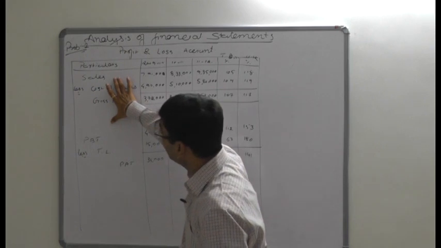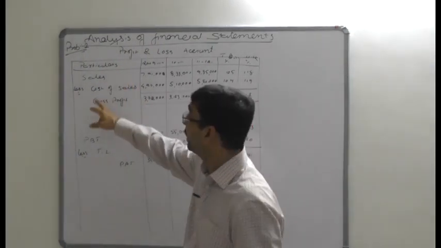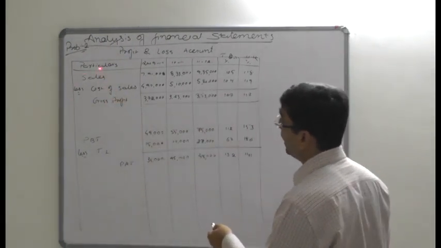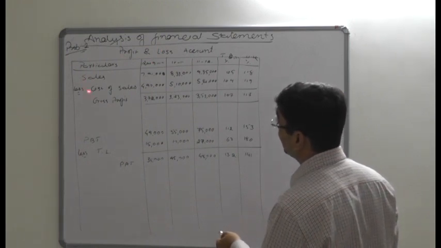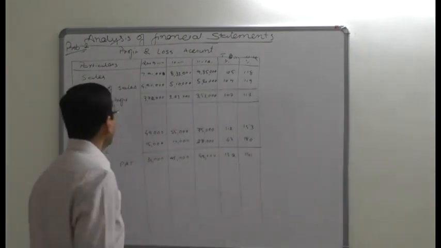The first part is how to find out the gross profit. The gross profit you can find out as sales minus cost of sales. So what we did, we have all the 3 years' information for sales here, then we subtract the cost of sales from it. First we find out the percentage of changes in the sales.